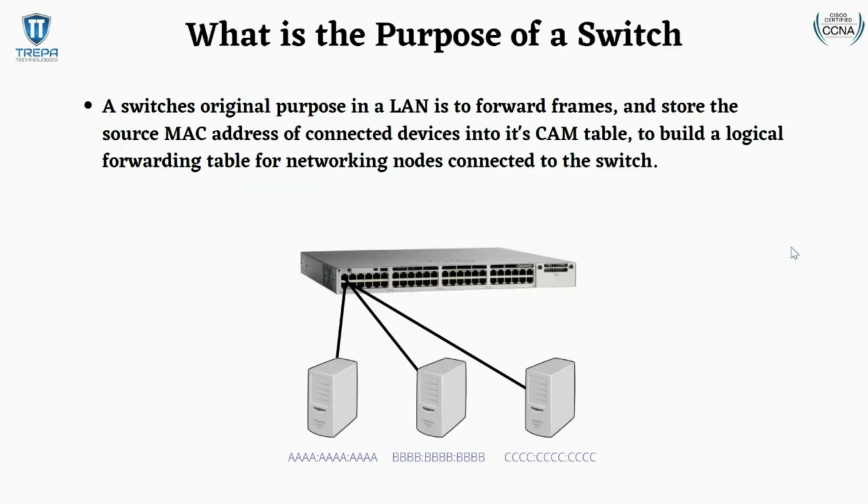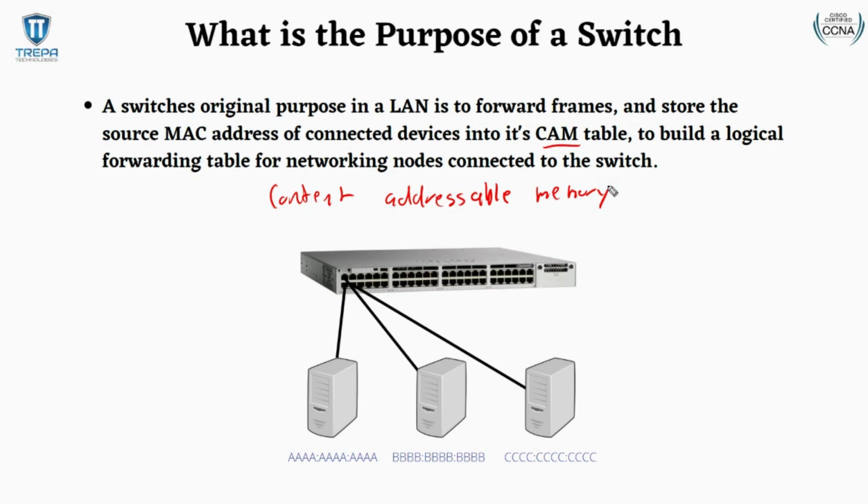So again, what is the purpose of a switch? The switch's original purpose in a local area network was to forward frames and store the source MAC addresses of all the connected devices into something we call the CAM table. The CAM table stands for Content Addressable Memory.